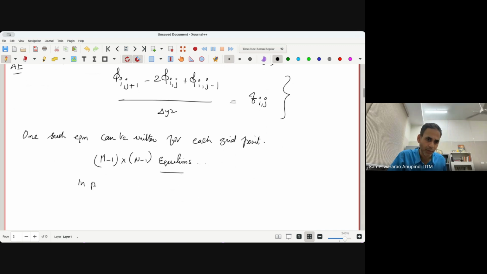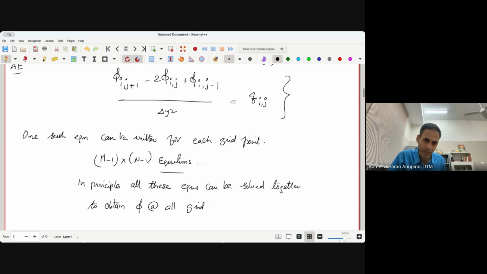In principle, all these equations can be solved together to obtain phi at all grid points.